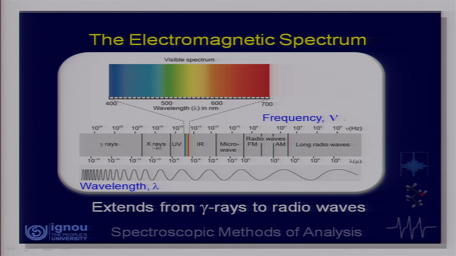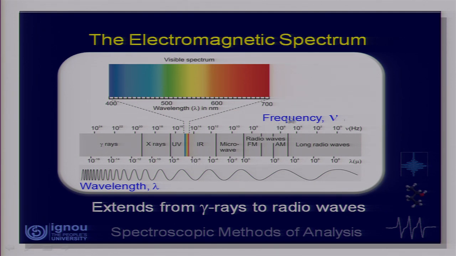Out of the whole spectrum, starting from gamma rays to X-rays to UV to visible to IR, microwave and so on, up to the long radio waves at the other terminal, the visible part is a very small fraction, just to make a point.